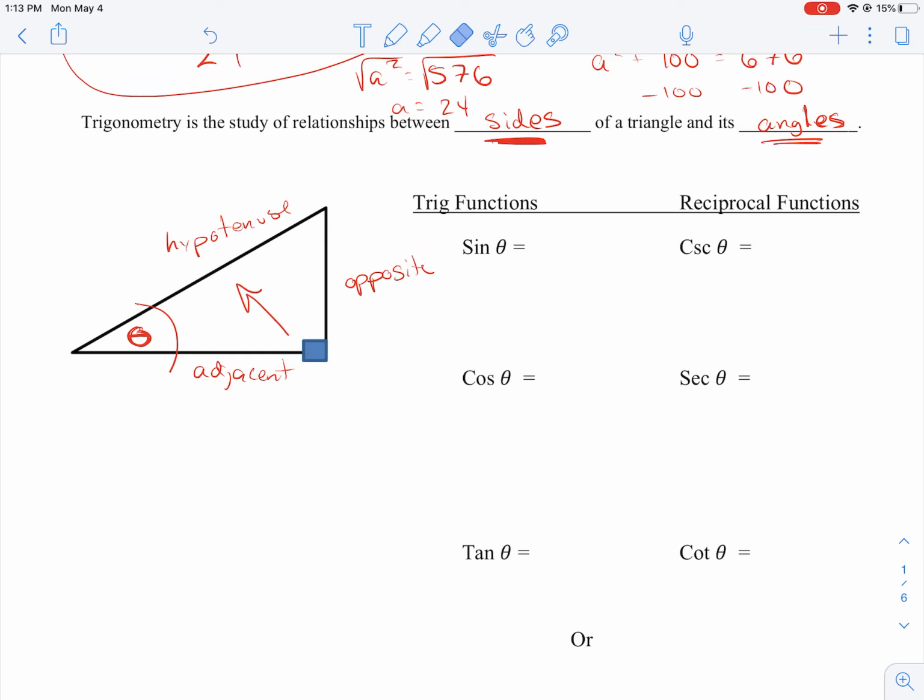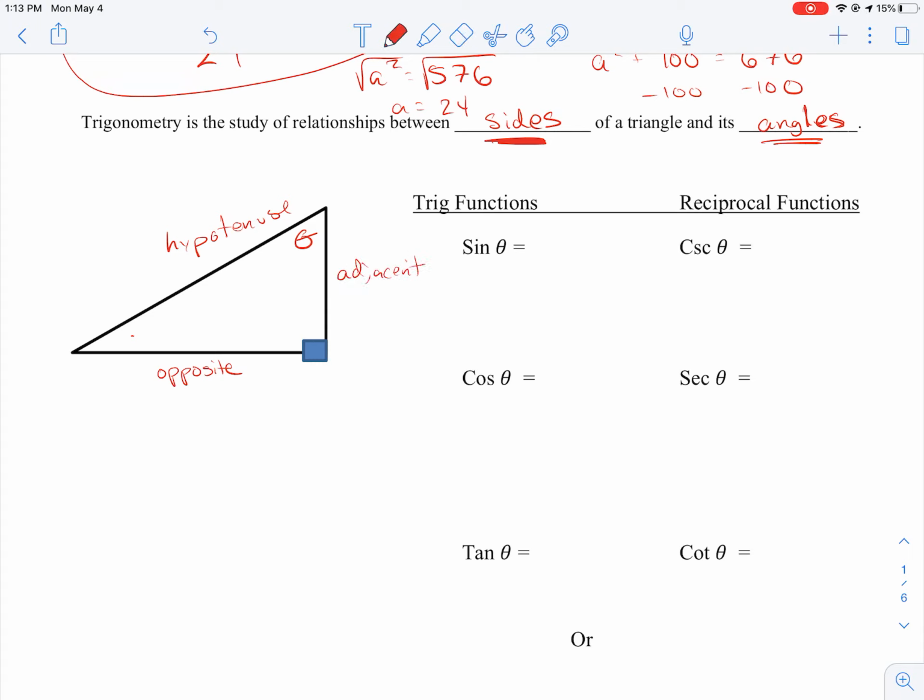The opposite and adjacent switch depending on where this theta is located. If theta was located up here instead, then this would become your opposite, and this would become your adjacent.